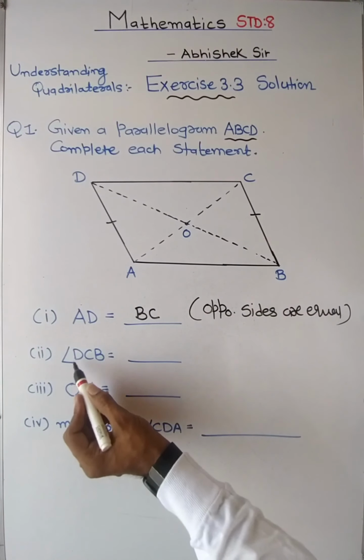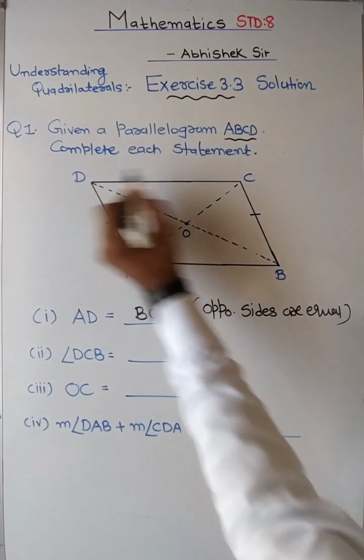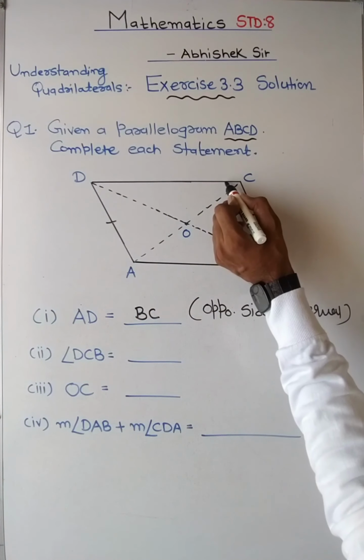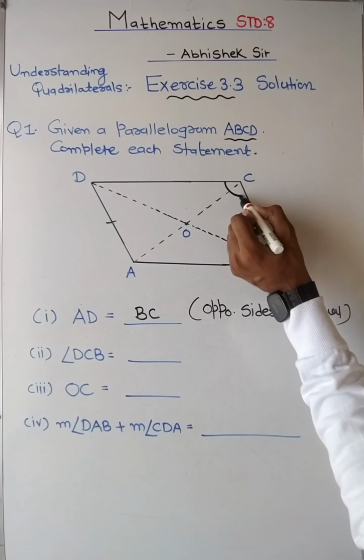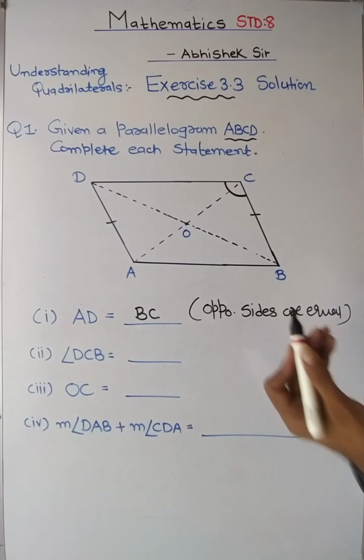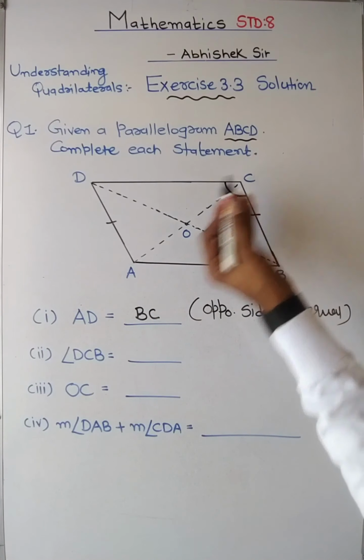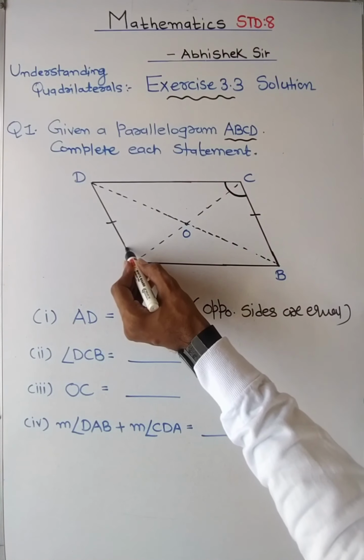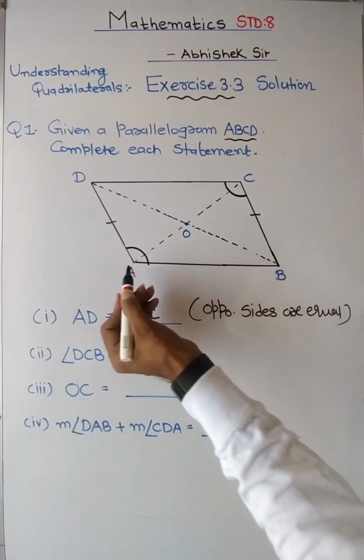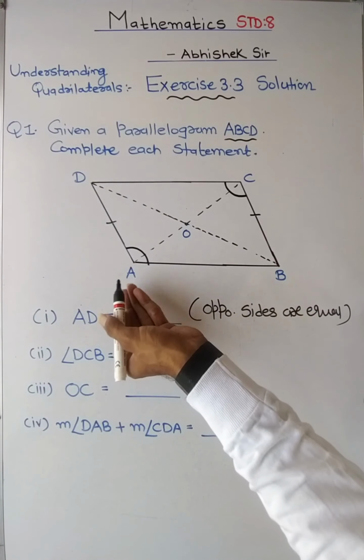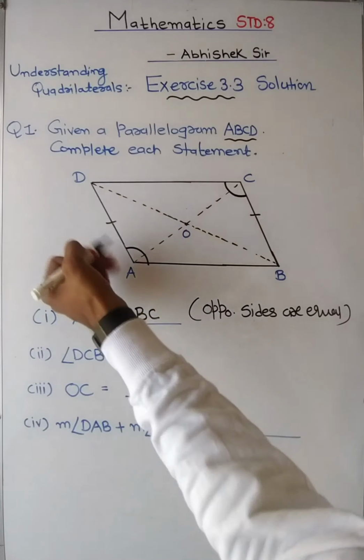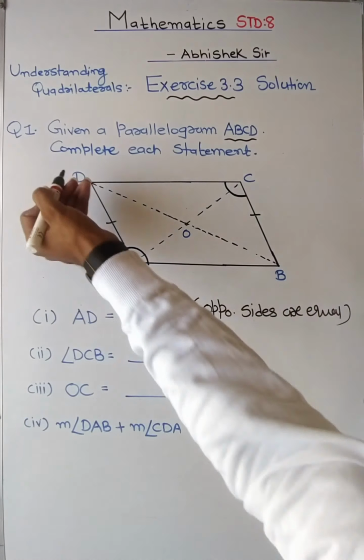Now let us see about the angle. You see angle DCB. So angle DCB, here we have this angle. Okay, now this angle is equal to the opposite one, right? And the opposite one is over here. We can name it as angle A, or we can name it as DAB or BAD.